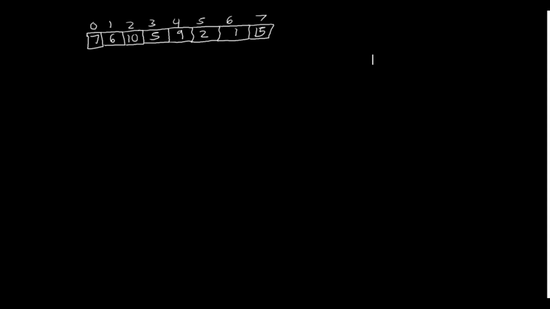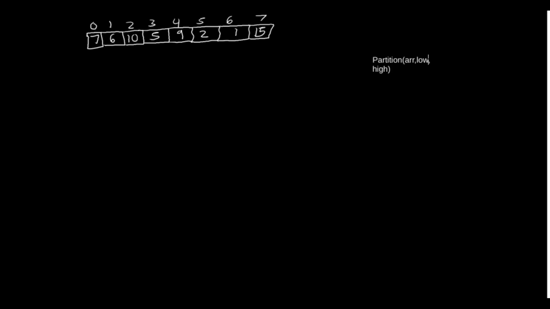So the first thing we're going to do, as I mentioned, is partitioning. So we're going to create our partition function. In the partition function, we will accept the array, the low and the high values.